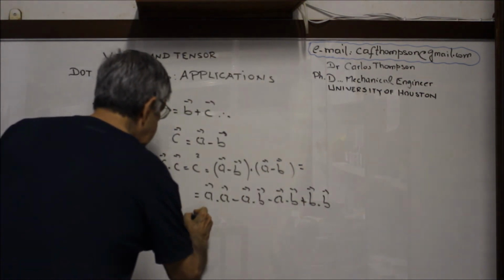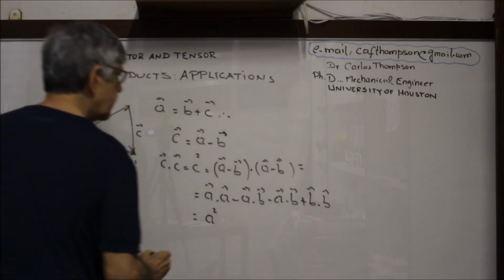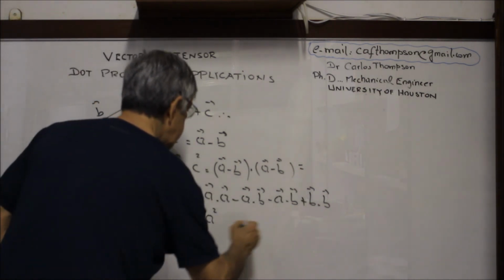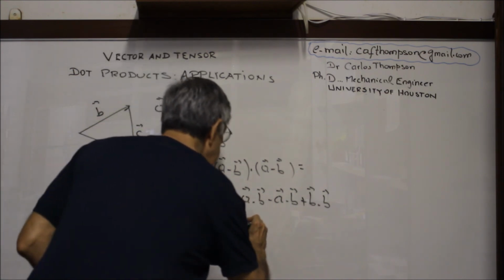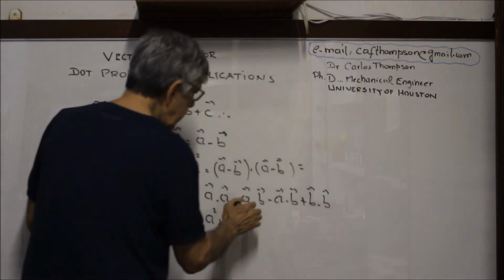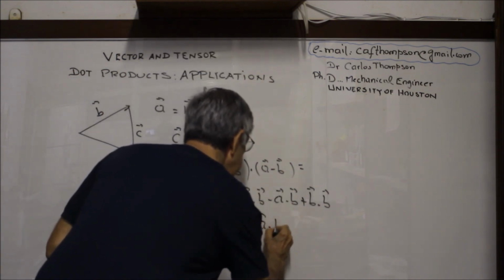Now, this is equal to A squared, okay? This is B squared, this is equal to minus 2 A dot B. Let's write here, A dot B.